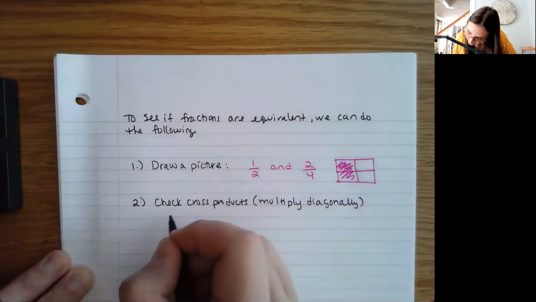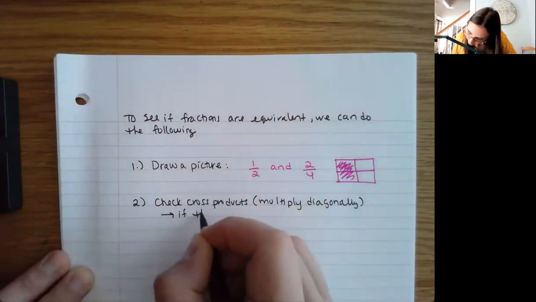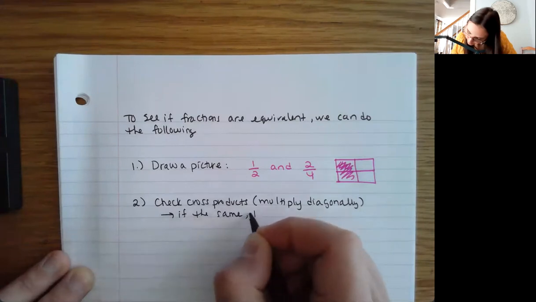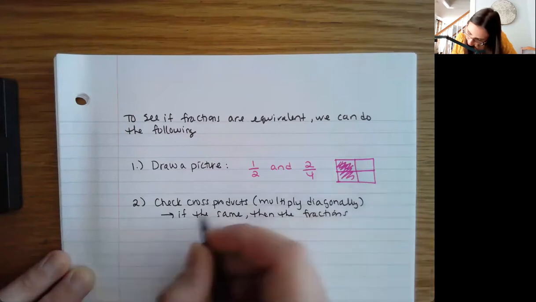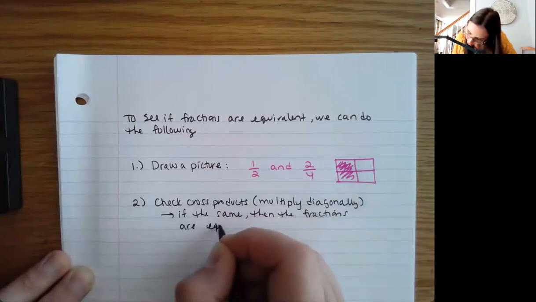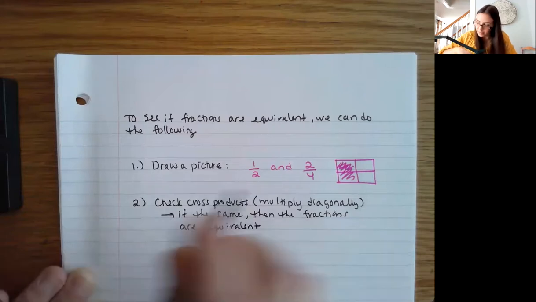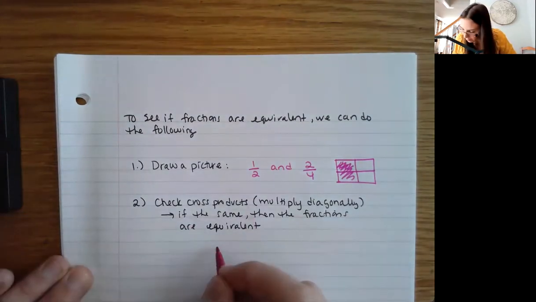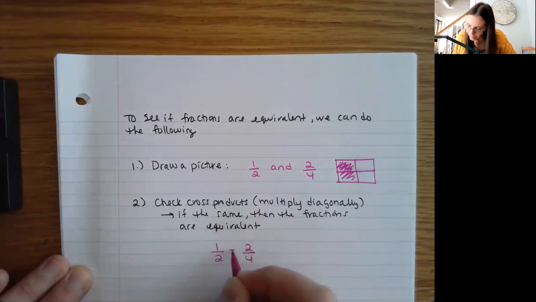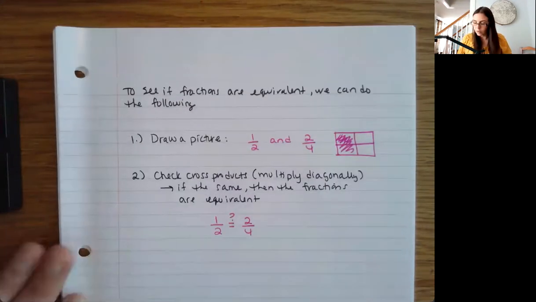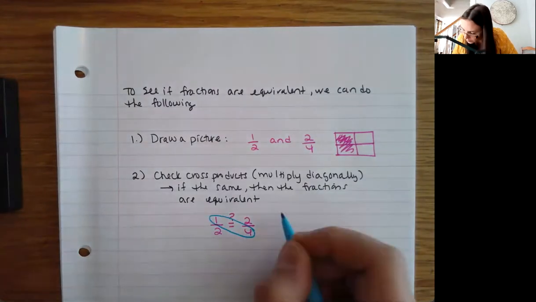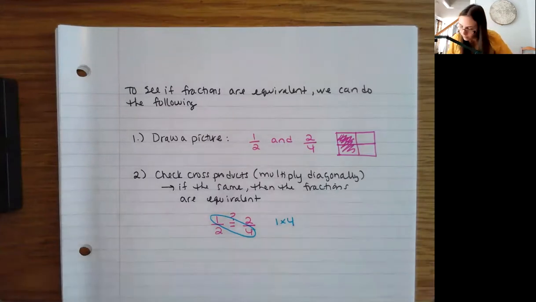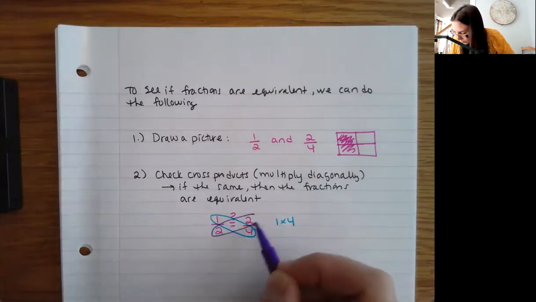Okay. If the cross products are the same, then the fractions are also equivalent. So for example, if I do 1/2 and 2/4, I want to see if these two are equal. That's my question. So what you do is you multiply across. So I do 1 times 4, and I do 2 times 2.